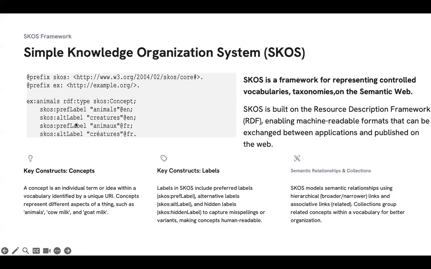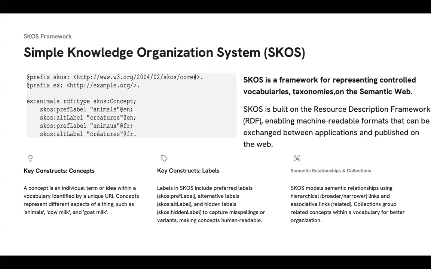So technically, this is what they kind of look like using SKOS. Of course, there are many formats for representing some of this formal representation. But for vocabulary and taxonomies, we use SKOS a lot of the time. It's the framework for representing vocabulary and taxonomy.